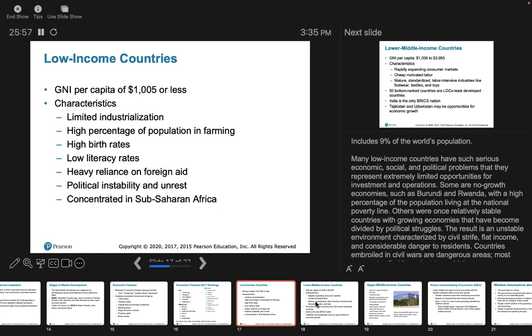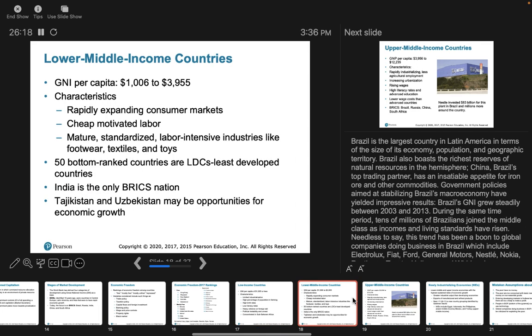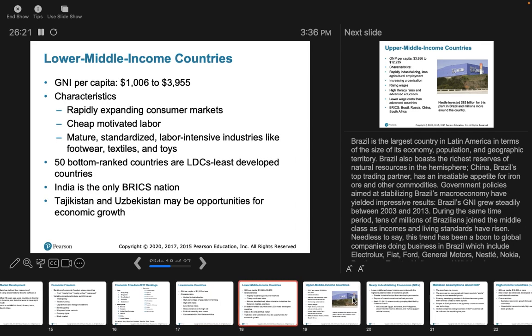So when a country has all of these characteristics, there's a very high tendency that their GNI is low. To be specific, it's less than $1,005.